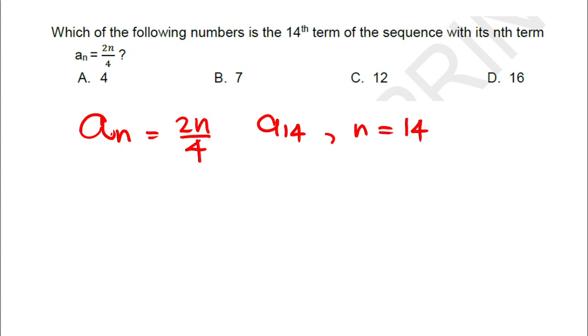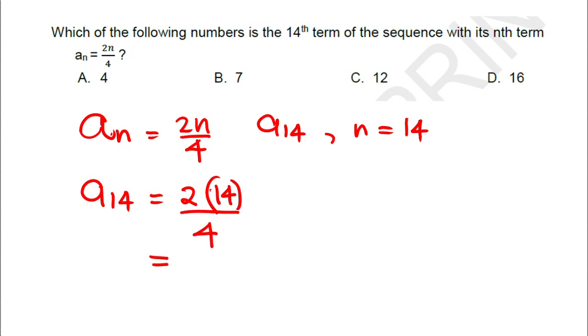Now let us find a sub 14 by substituting n equals 14 in the formula a sub n equals 2n over 4. Thus, we have a sub 14 is equal to 2 times 14 over 4.